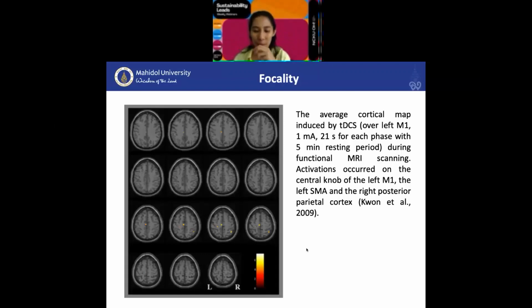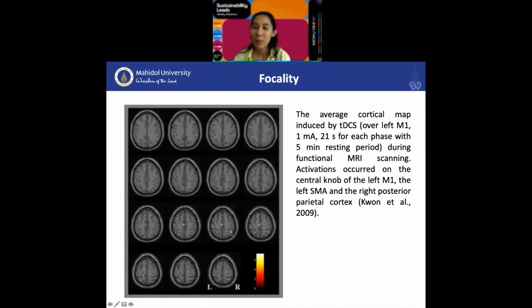You can see in the functional MRI here, they applied tDCS at just 1 milliampere for 21 seconds over the left side of the brain, left M1, the left primary motor cortex. On the left side you can see small yellow dots. But they also found effects in the left SMA and right posterior parietal cortex.